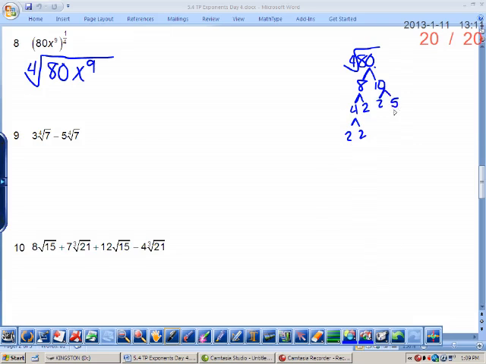You can just break it down. So 20 times 4. All right, so 80 is equal to 16 times 5, and 16 is a perfect fourth power.